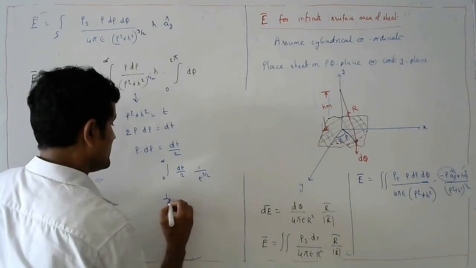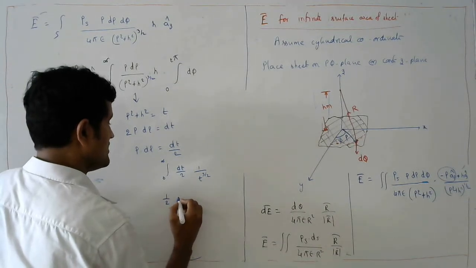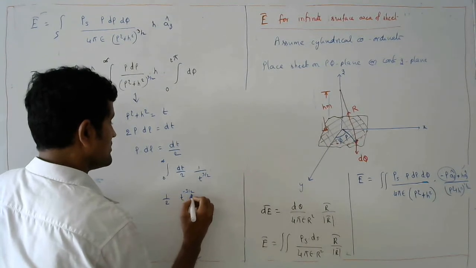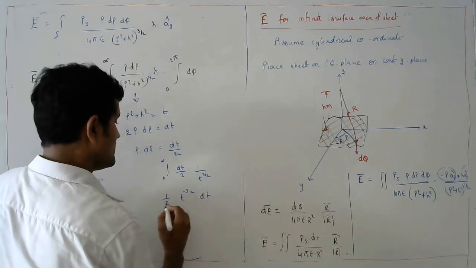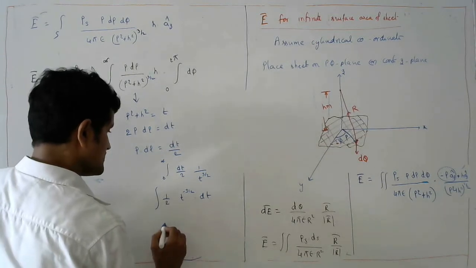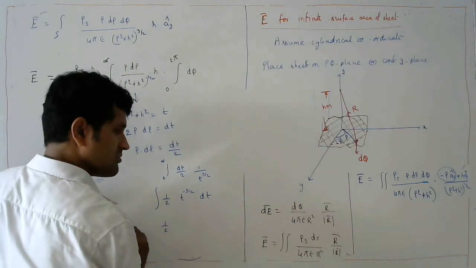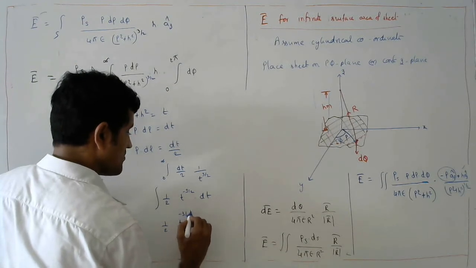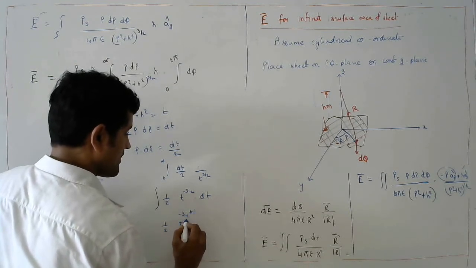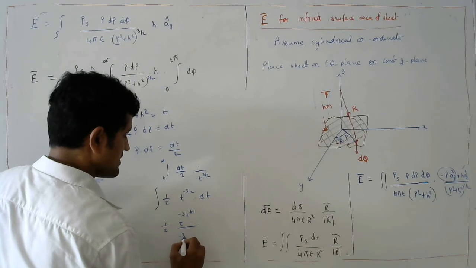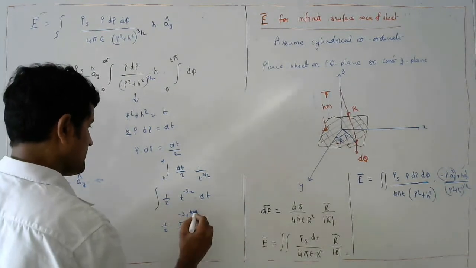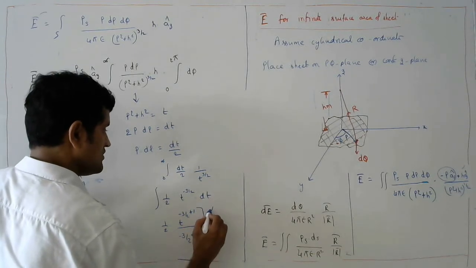If we integrate it, the integral of t to the power of minus 3 by 2 into dt, so it is equal to 1 by 2 into, using x to the power of n, t to the power of minus 3 by 2 plus 1 divided by minus 3 by 2 plus 1, from 0 to infinity.